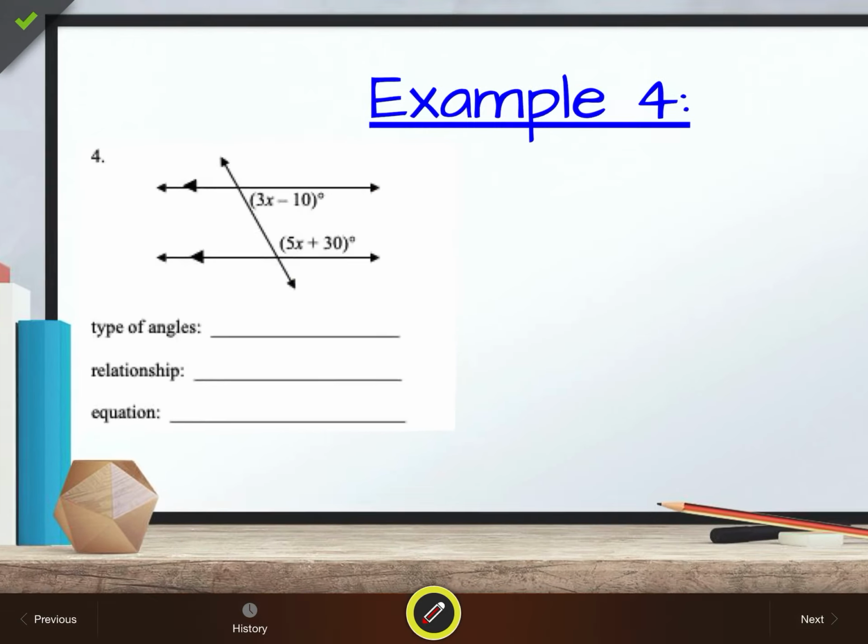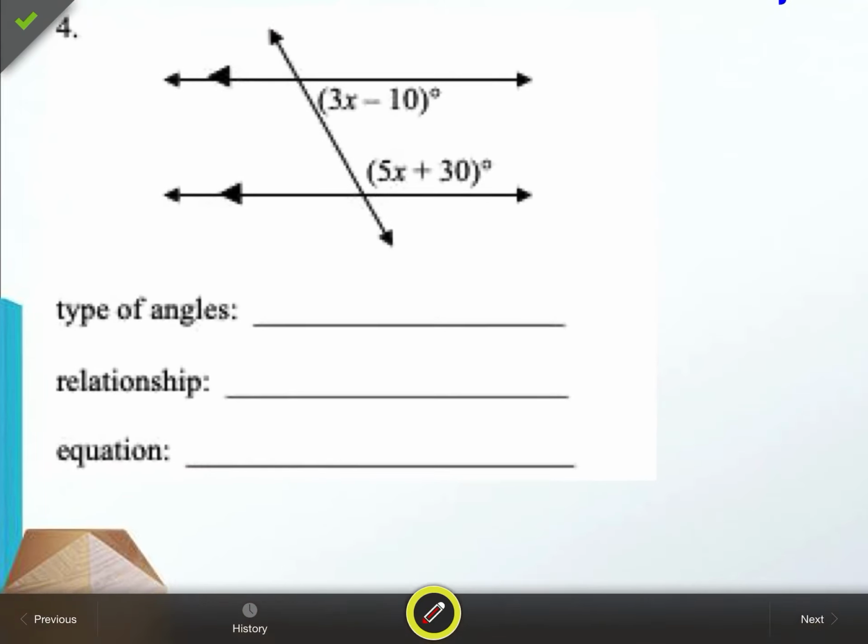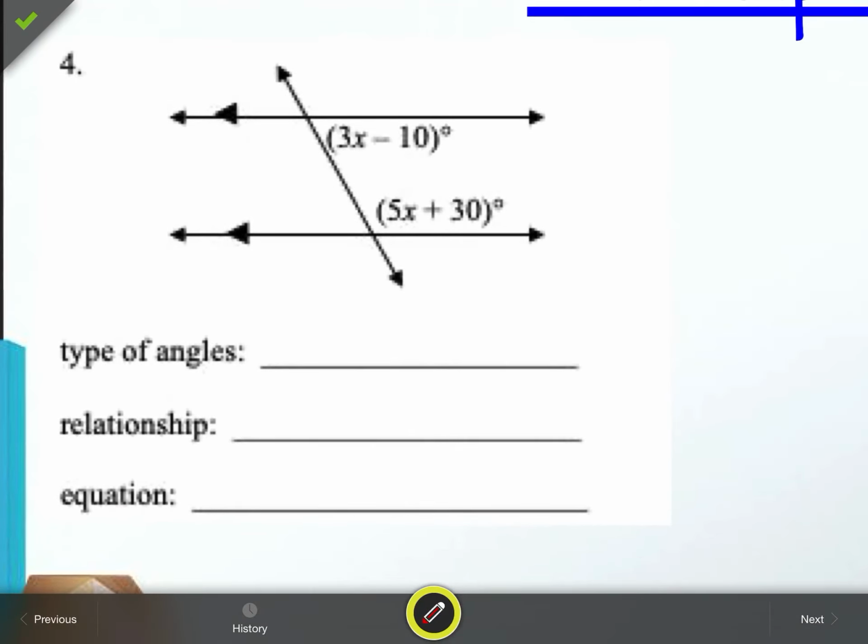All right. Be careful on this one because we ran into this problem when we were doing complementary, supplementary, vertical. Some of you just ran through and set everything equal to each other. You have to know what kind of angles they are to decide if they're congruent or supplementary before you write your equation. Not everything is going to be equal to each other.